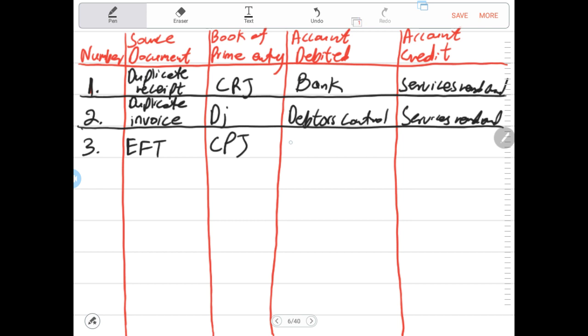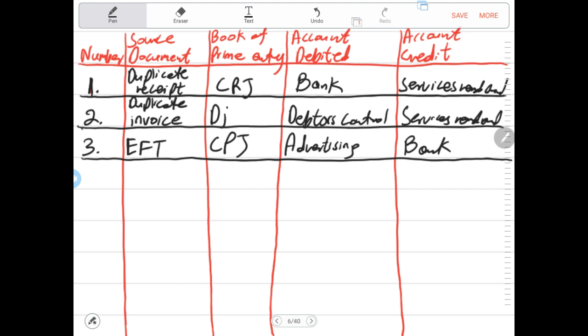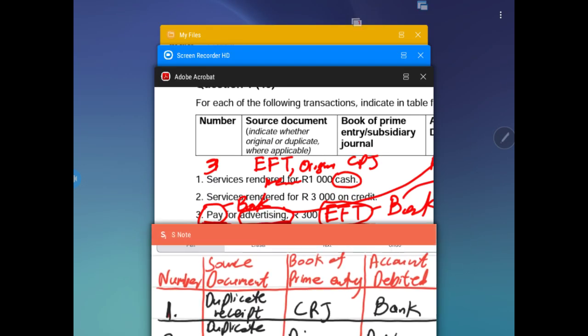The account to be debited will be advertising, and the account to be credited will be bank, because money went out of the business to pay for the advertising expense. So we are very clear that bank is affected. Most of the time transactions will be clear, but you need to know how to analyze which accounts are affected.